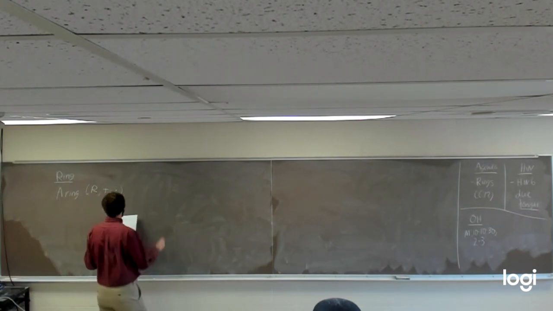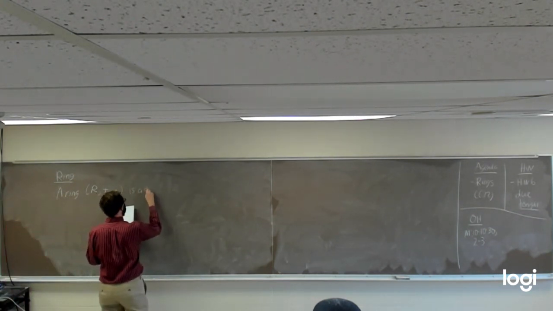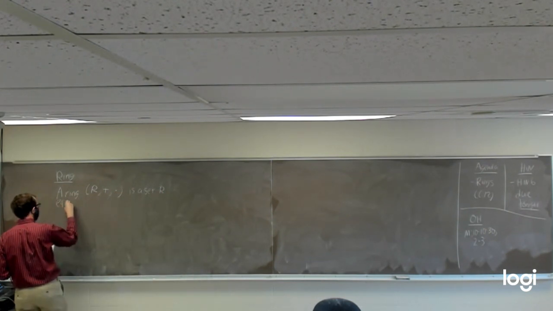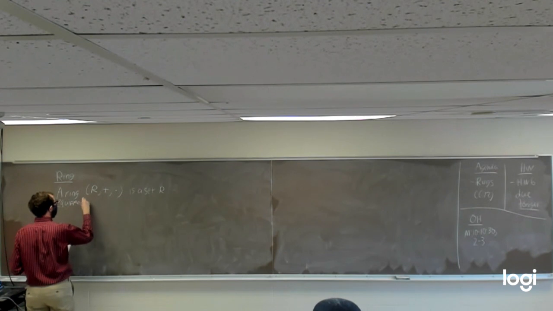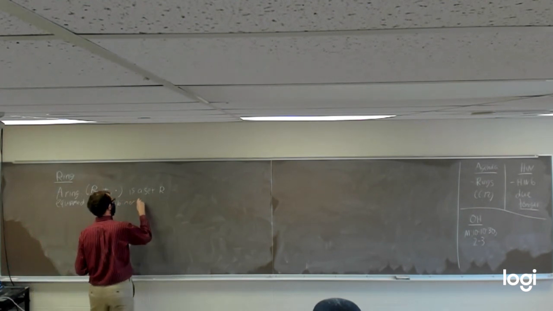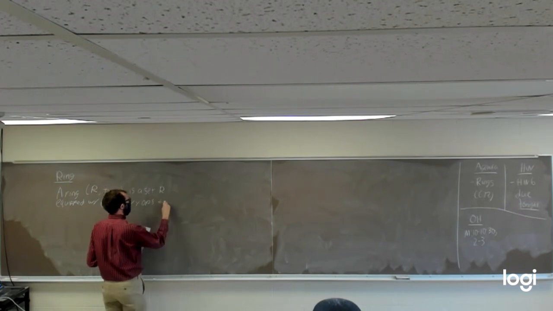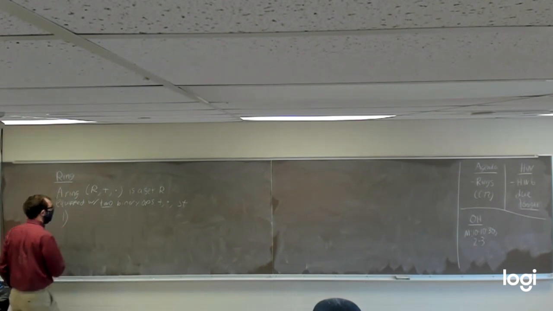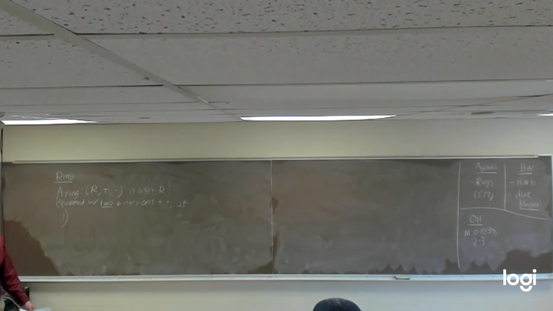But a ring is going to be a set R equipped with two binary operations, plus and times, such that, first of all, we want R to form an abelian group under addition.